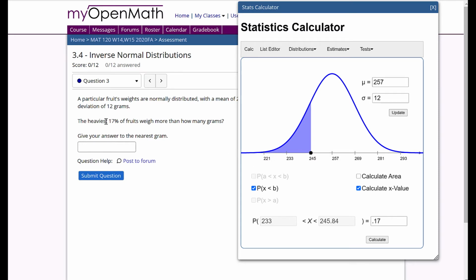It doesn't really make sense with the context of the problem because this said the heaviest 17% of fruits. So this is less than the mean, so these would be the lightest 17%. So that's where this thing of making sure you're always doing an area to the left when you put in the input value.